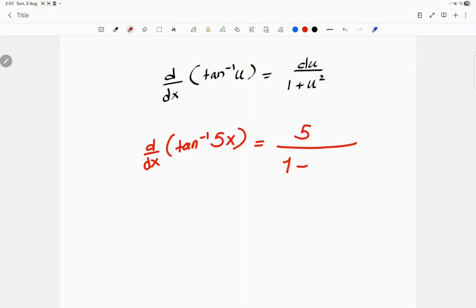On the bottom, just put 1 plus. What's 5x squared? 25x squared. Okay? That's how it works. So why did we use a different one? It's inverse tan, not the same rule as inverse sine or inverse cosine.